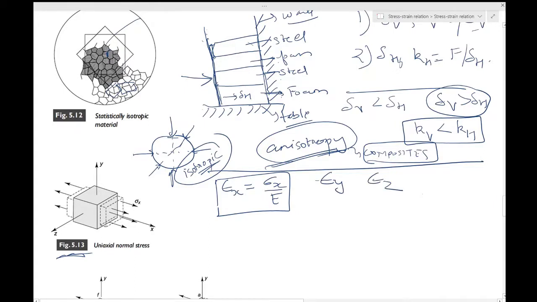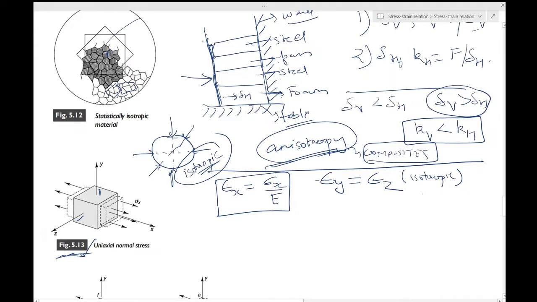One of the things about this particular test is that these will be the same. The reason is that the material is isotropic, so there is no reason for it to contract less in the y direction and more in the z direction because of the way you are applying this loading. So this will not distinguish between y and z directions during contraction. Hence they will contract equally. This cube will contract equally. The strain will be the same.